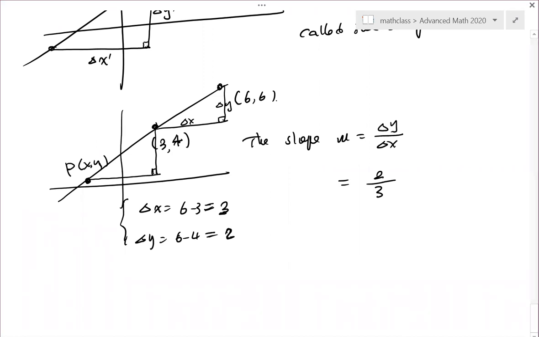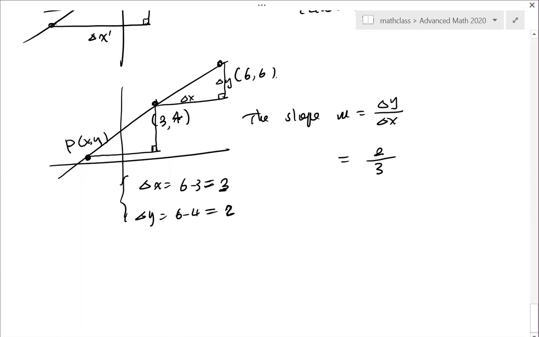Delta y is the difference of the y coordinates, 4 minus y. Delta x is going to be 3 minus x. So the slope is (4 minus y) over (3 minus x).